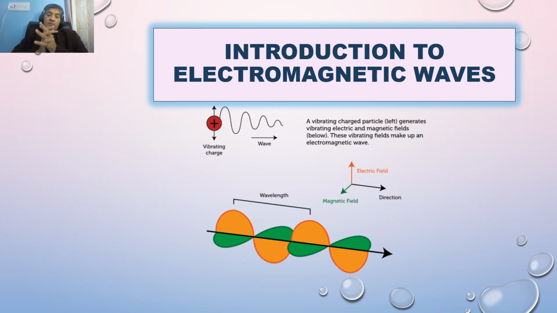If any two are in the same direction, then the condition of a transverse wave is not fulfilled, and the electromagnetic wave is not generated by that particular charged particle. So here we have seen some basic colorful pictures regarding the direction of the electric field, the magnetic field, and the propagation. Now let's move further.